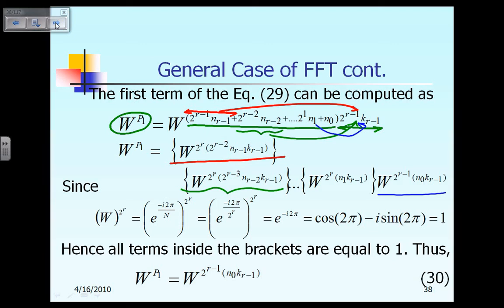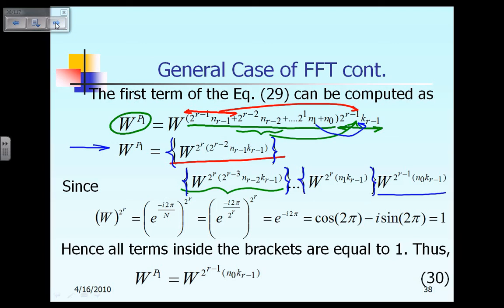And then if you look at this equation for the computation of w raised to the power p1, whenever you see the symbol bracket like this, pay attention to those things inside this special bracket right there.